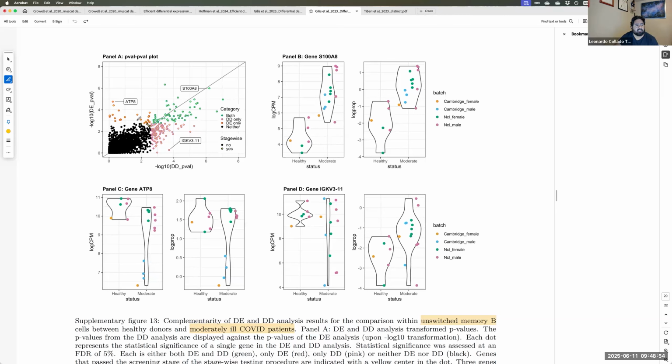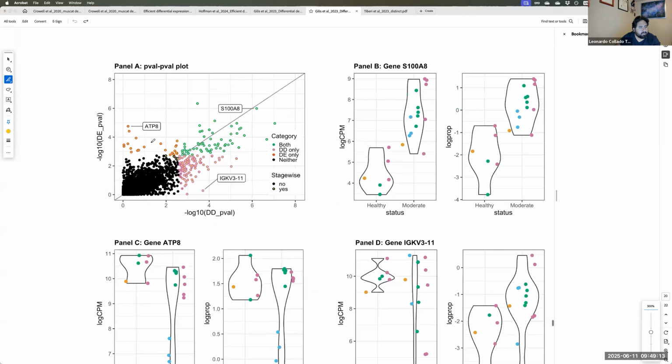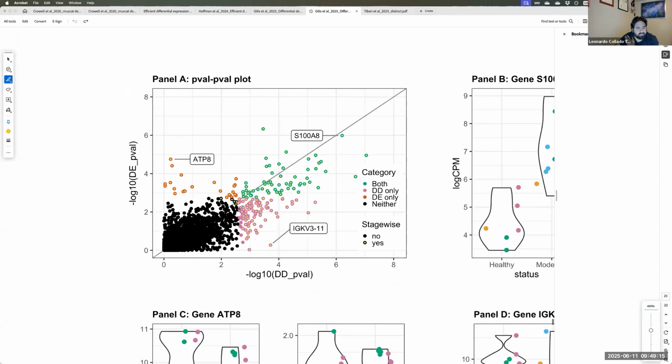And so here they do run both the differential expression analysis as well as the differential detection analysis, and then use the information from those two p-values to compute a stage-wise adjusted p-value. And so you can see over here that there are some pink points near the border of the black points that no longer have yellow circles.